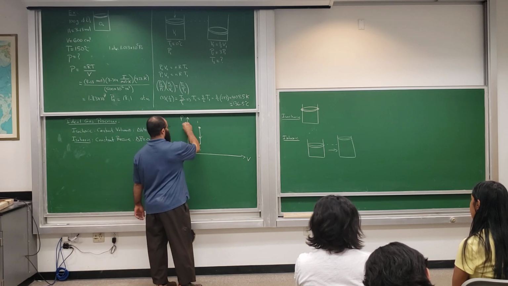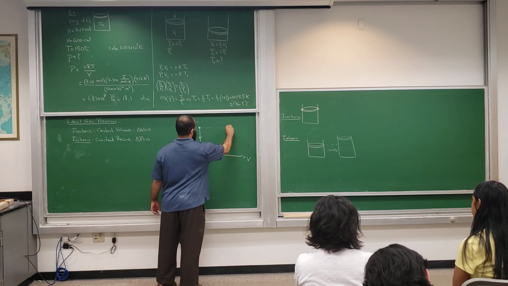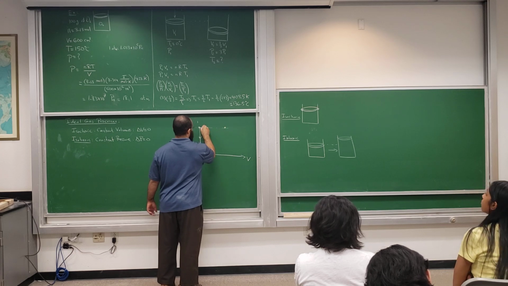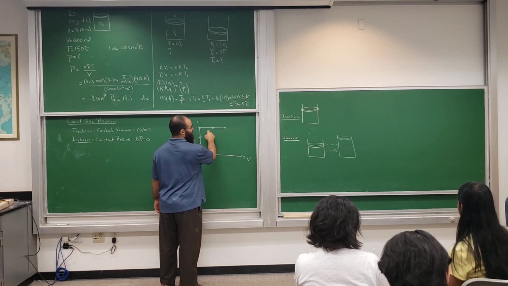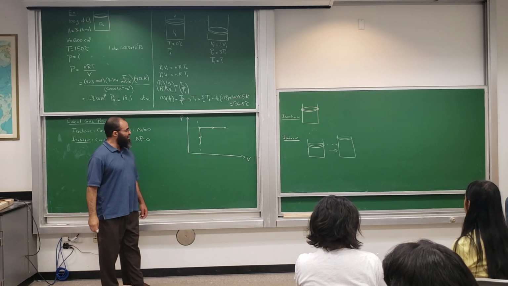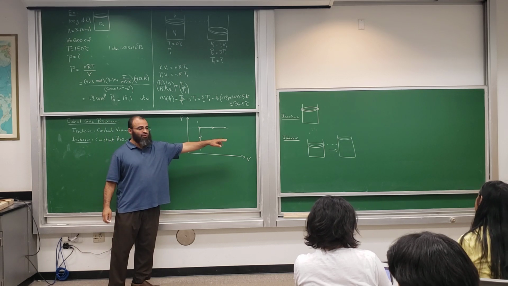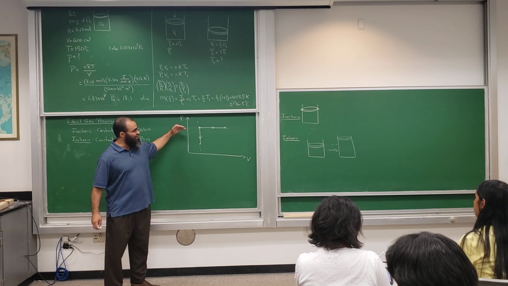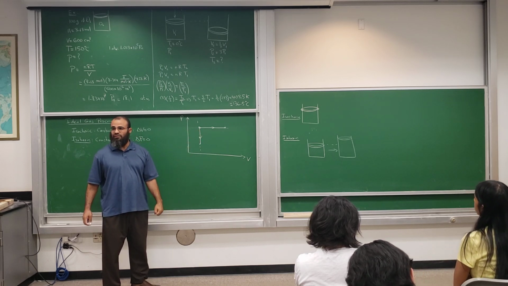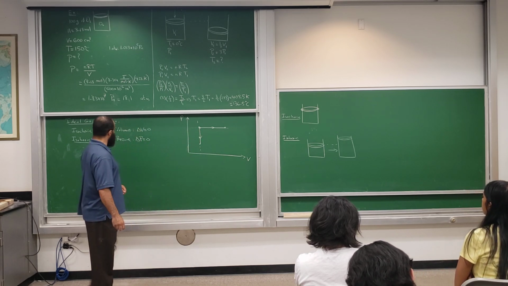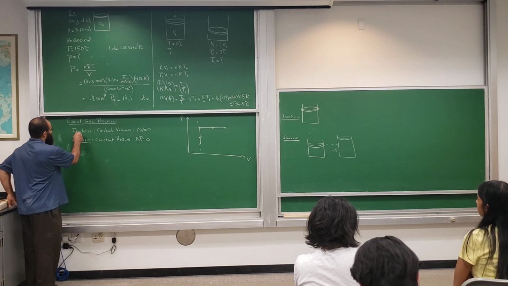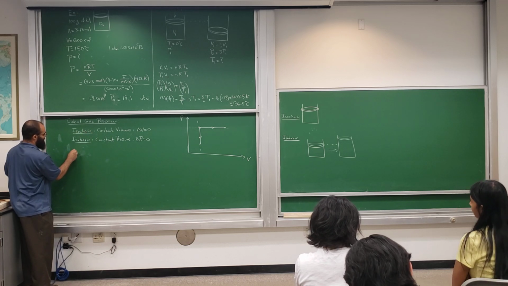Isobaric, here's how it looks. This is the pressure. This is isobaric. Agree with that? Isochoric is a vertical line, isobaric is a horizontal line. Okay, next is isothermal. You may guess what that name means, right?